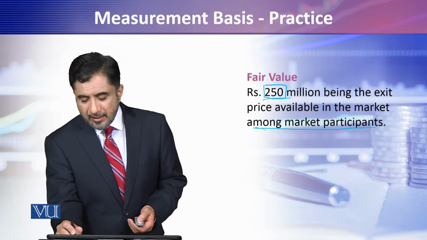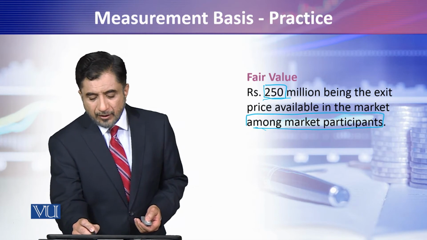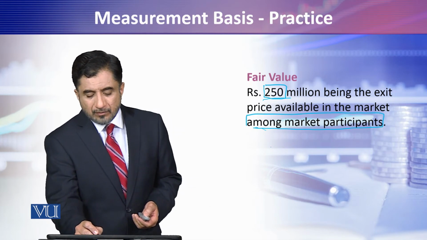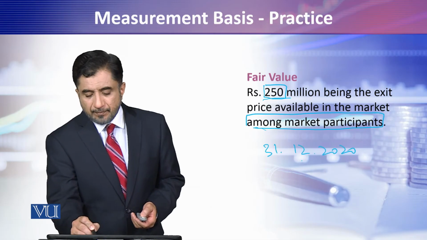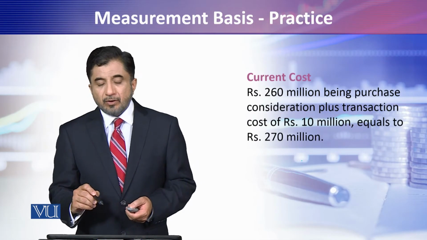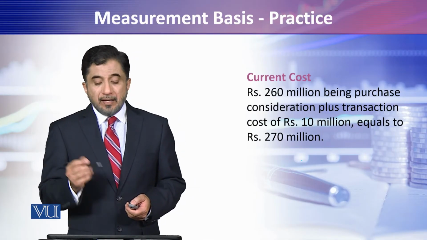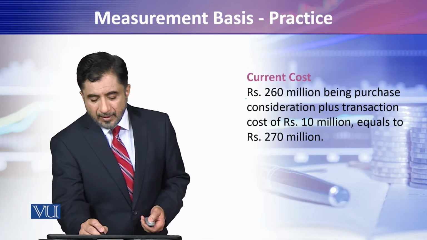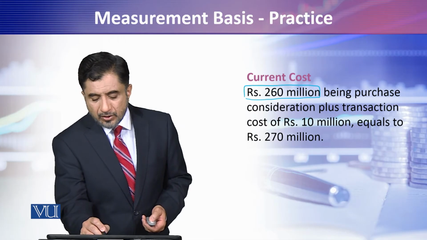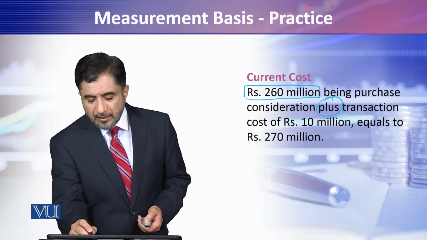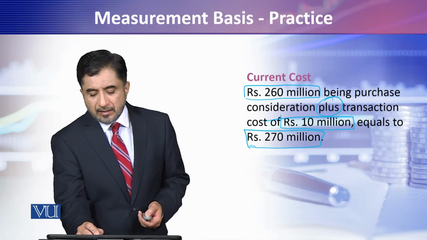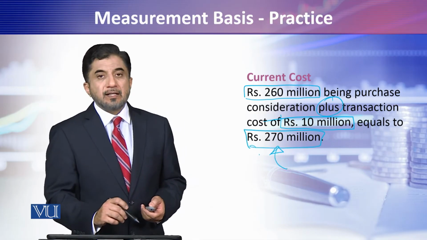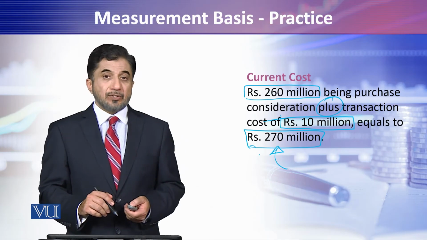So this is the fair value on 31st of December 2020. Well, let's see what its current cost is. Its current cost is this 260 plus the transaction cost of 10 million, which gives us 270 as its current cost.